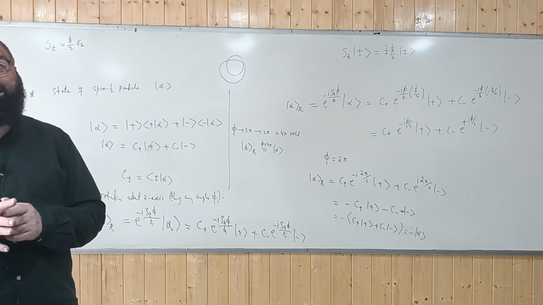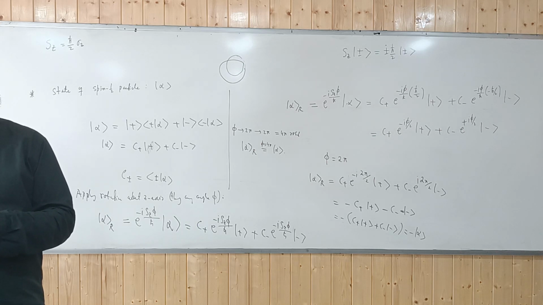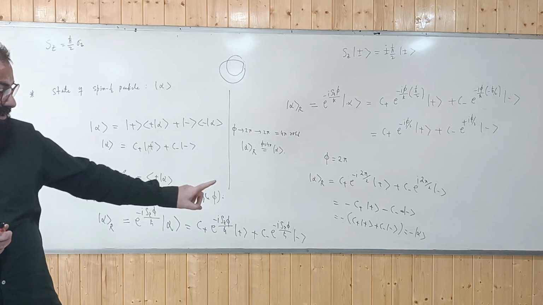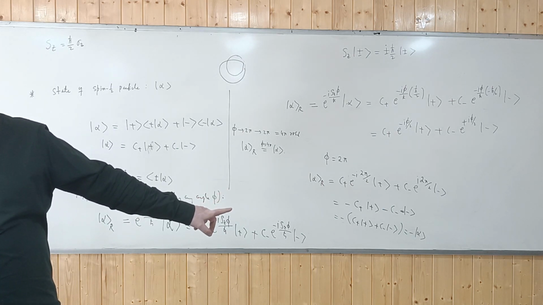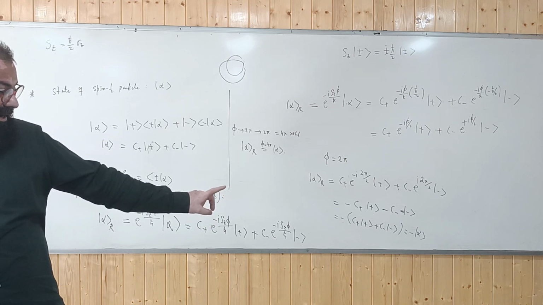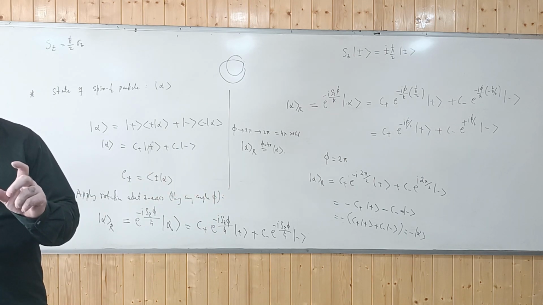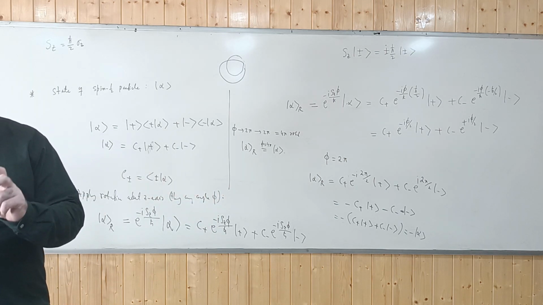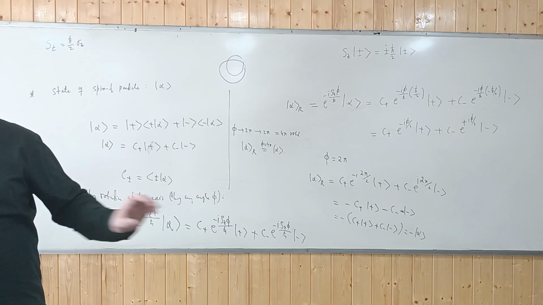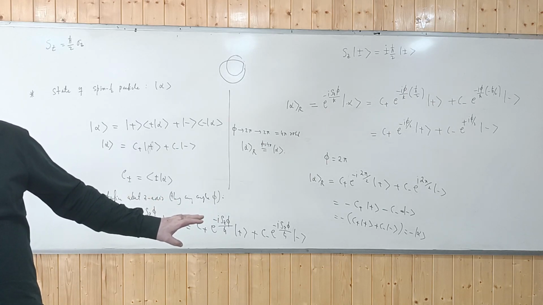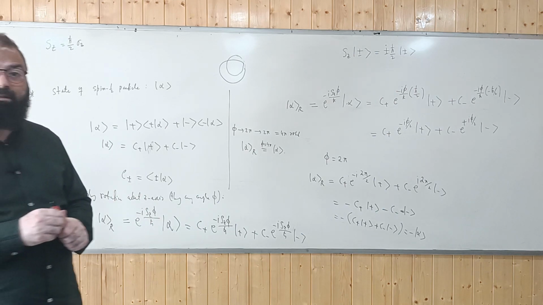Now the point is, can we observe this kind of nature experimentally? Can I perform an experiment such that I can observe this minus sign? Because you can write this minus as e raised to i pi. The point is whether you can observe this phase or not. It appears to be a global phase here, but it's not so. We can experimentally determine it.